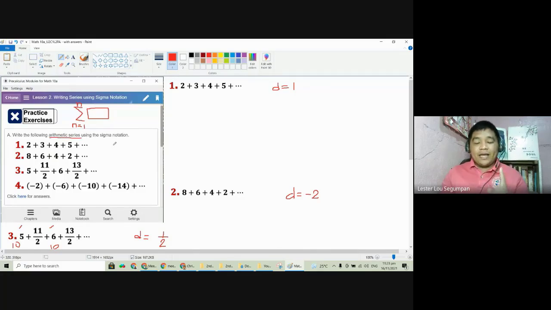But aside from that, these common differences are helpful for us to identify the unique quantity to be placed here. As I have mentioned, that unique quantity should represent each term of this series, but not the sum yet, because the sum is already shown by the sigma notation.